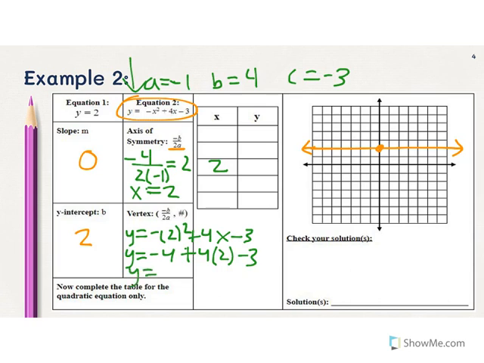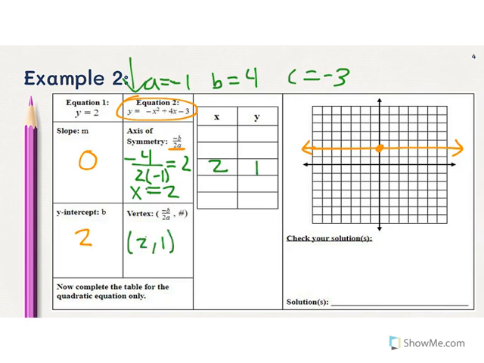So then I have 2 times 4, negative 4 plus 8 minus 3. And then I have negative 7 if I were to combine those, plus 8, which is a 1. So my vertex, again, you guys hopefully are able to squeeze this in here. I'm going to erase because I don't have enough room. So my vertex is now, but you guys again show your work, 2, 1.